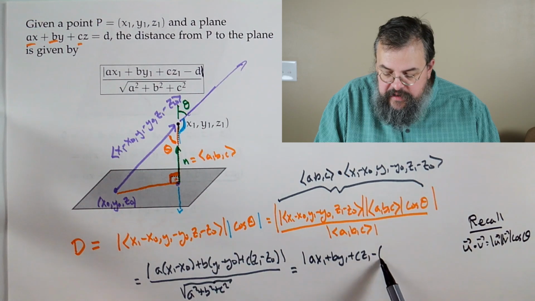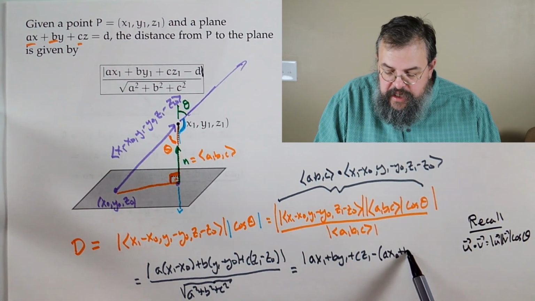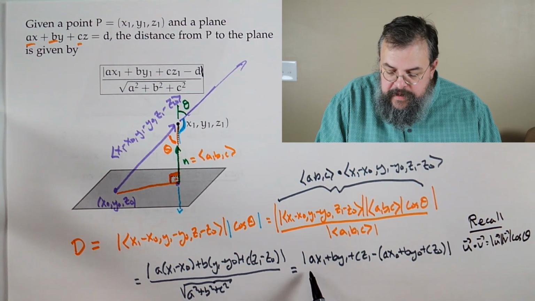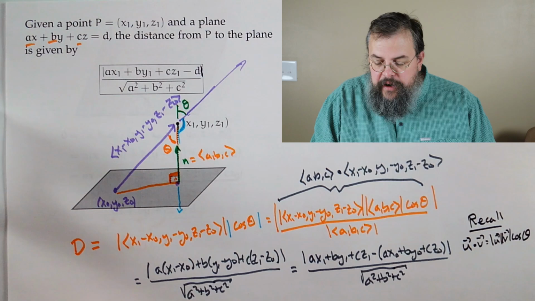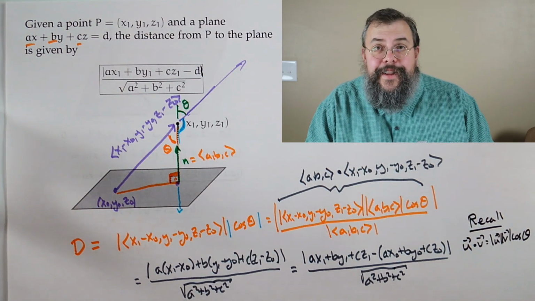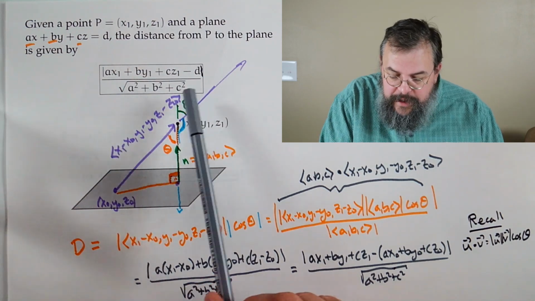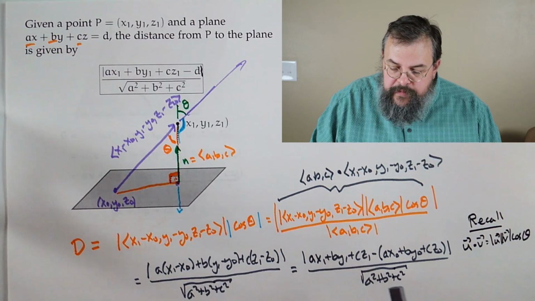Now we're going to subtract the second pieces: a times x naught, b times y naught, c times z naught, and divide by the square root of a squared plus b squared plus c squared. Okay, now, last thing to look at. We're really close. We've got the absolute value. We've got ax1 plus by1 plus cz1. We've got that square root downstairs.